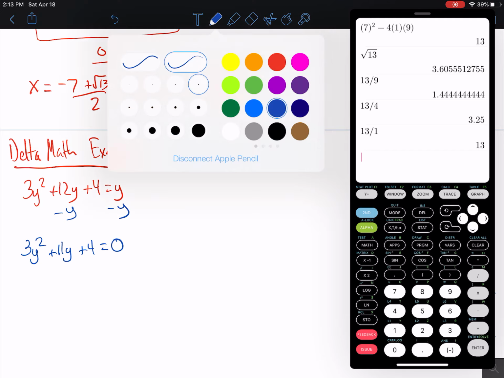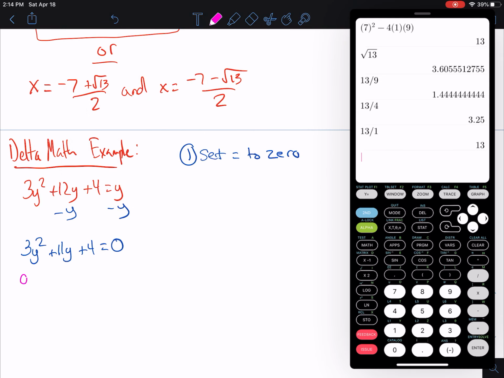So if you remember with the quadratic formula, we're trying to match up with ax squared plus bx plus c equals 0. That's going to allow us to say this is a, this is b, and this is c. Even though it's y squared and x squared, that's just the variable choice they used in the problem. So a is going to be the number 3, b is going to be the number 11, and c is going to be the number 4.